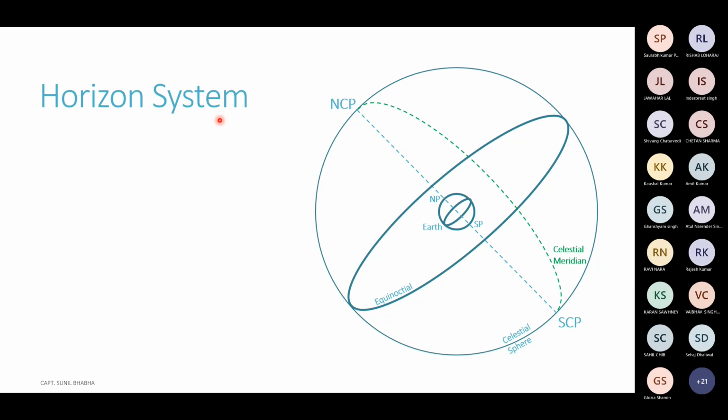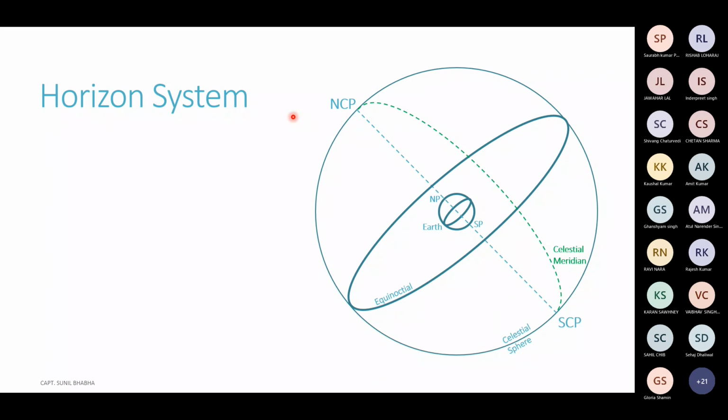The position can be specified by the equinoctial system, or it can be specified by using the horizon system also. And the rational horizon diagram, which I talked about, is basically a combination of both these systems. So let us now concentrate our attention towards the horizon system.